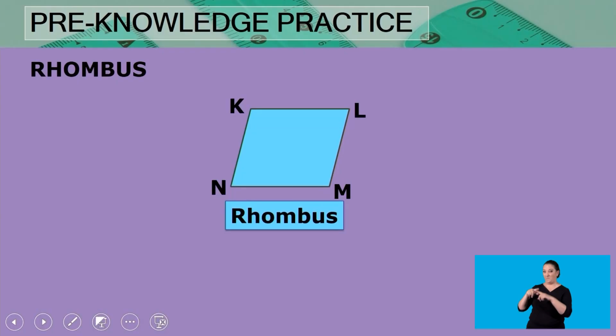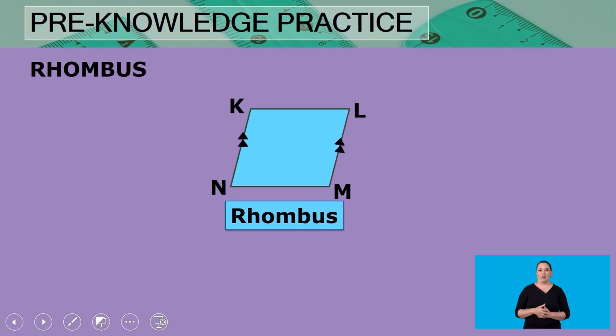Next, we are going to be looking at a rhombus. What do we know about a rhombus? A rhombus is a parallelogram that has all of its sides equal. Remember, with a parallelogram, we just had the two opposite sides that are equal, the sides that are non-adjacent, but now we have all of these sides equal. Let's look at each of those properties.